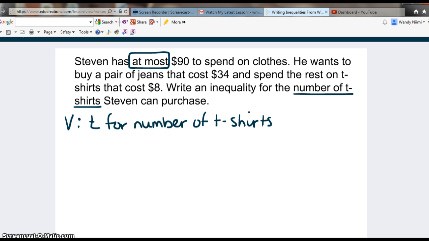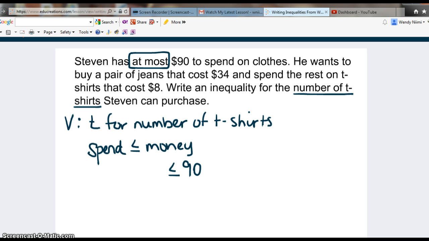Let's write our inequality. Same as the last problem, what we want to spend has to be less than or equal to the amount of money that we have. So the most we want to spend is $90.